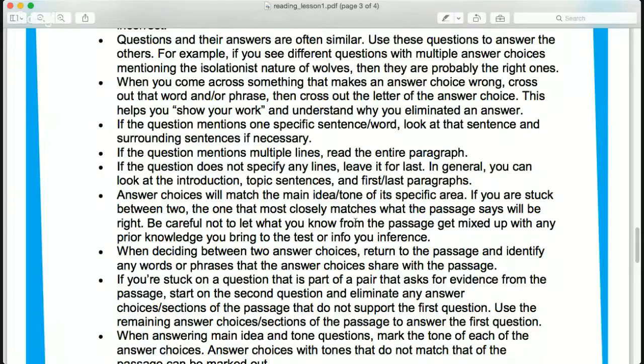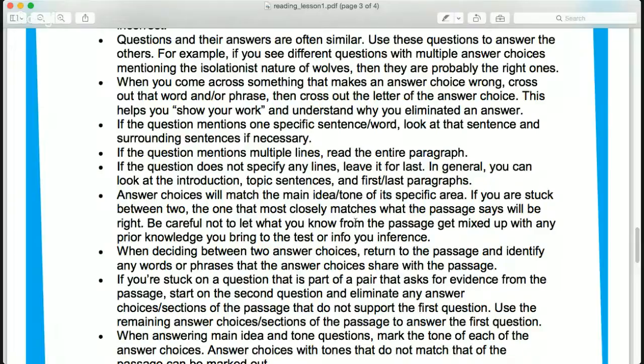There are some pairs of questions in which they'll ask a question in the first one and then ask where you found evidence for that in the second part. You can just look at the second part first and see which of those would support an answer to the first part, and you can answer both easily. It's pretty much just giving you evidence to help you answer that question.